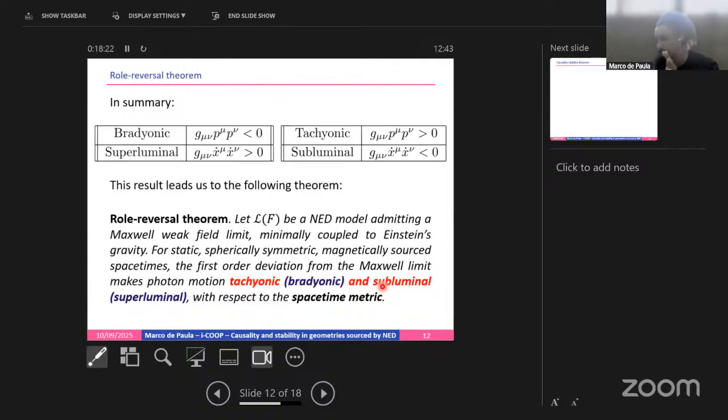So the key idea is basically the following one. You put an observer in the spacetime metric and ask him how he perceives the motion of photons, and he will notice this motion as tachyonic and subluminal or baryonic and superluminal, as long as we require that the model satisfies correspondence with Maxwell's theory in the weak field limit.